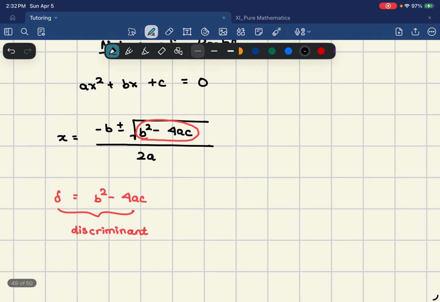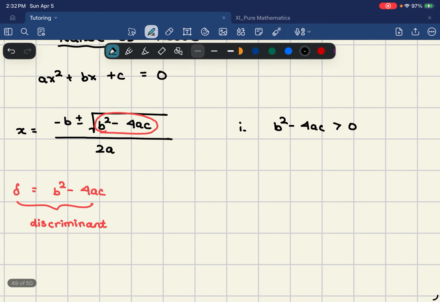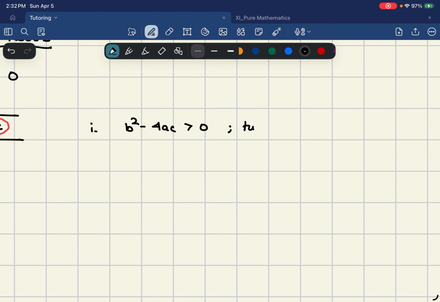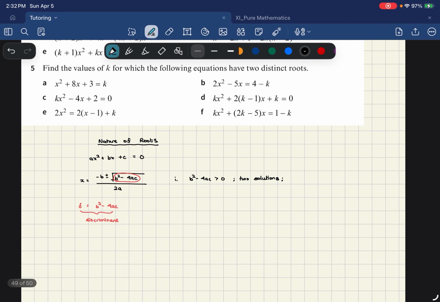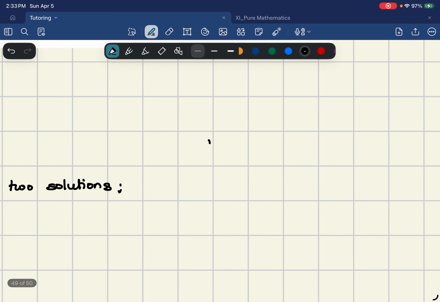So let's consider situation 1: b squared minus 4ac is bigger than 0. If you have anything bigger than 0 inside your square root, you can take the square root. So in this case, you have 2 solutions. If you assume this is your quadratic equation, then your graph looks something like this.